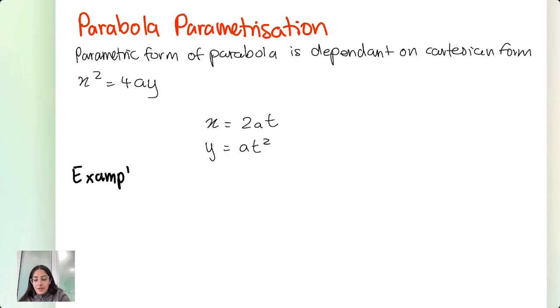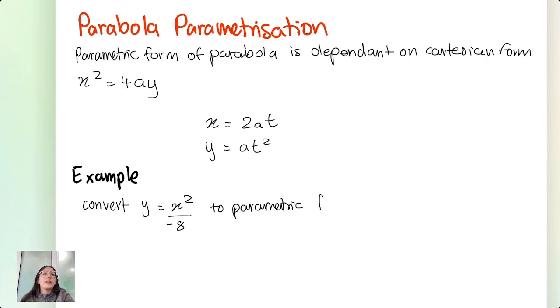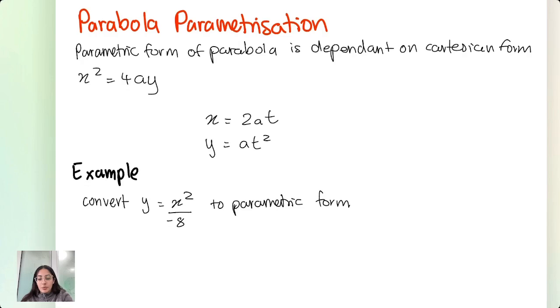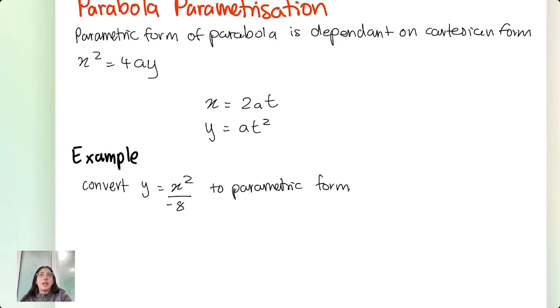Let's say that we have this, and we want to make it parametric. The way we're going to do that is we need to start by putting this Cartesian form into this general formula.